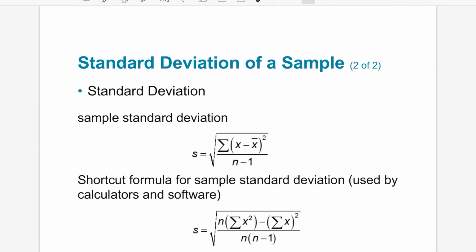The formula for sample standard deviation is the square root of the sum of (x minus mean) squared over n minus 1. Or you can also use this formula: the square root of n times the sum of x squared minus (the sum of x) squared, over n times (n minus 1). You can use either one of these formulas, so it doesn't really matter which one you're using.